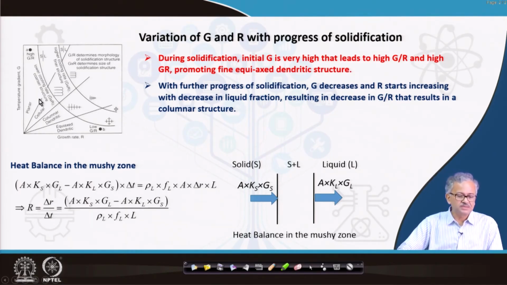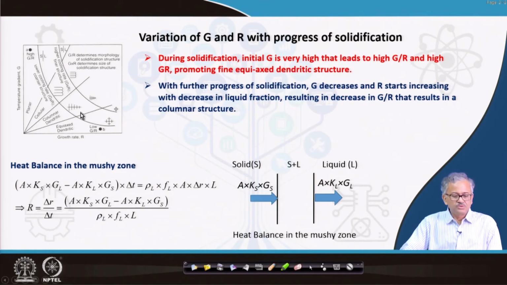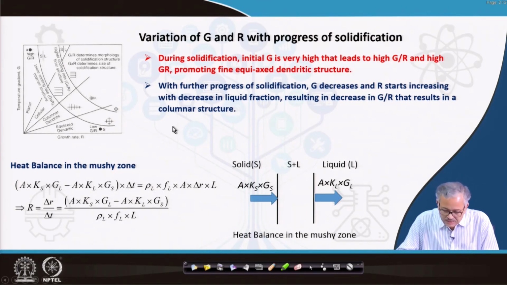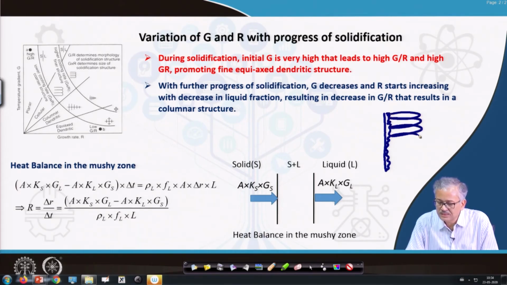As G by R decreases, you are moving towards the columnar dendritic structure. So after the skin that forms on the mold surface, a columnar zone grows. You can see that from the skin, you have a very equiaxed skin, and then you develop this type of columnar grains because G by R decreases.